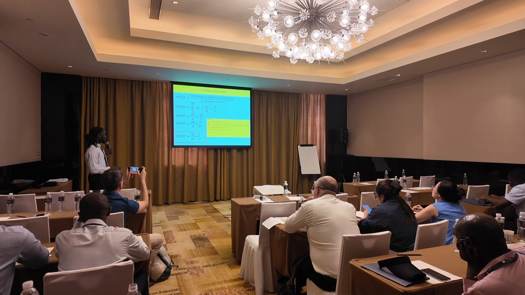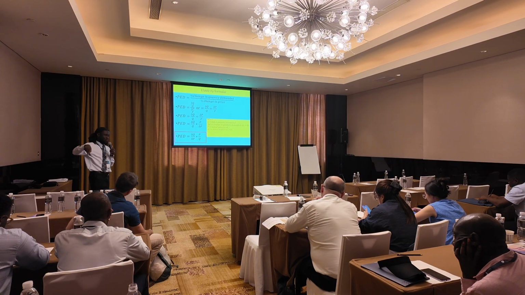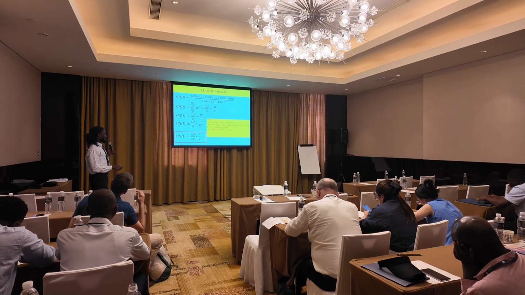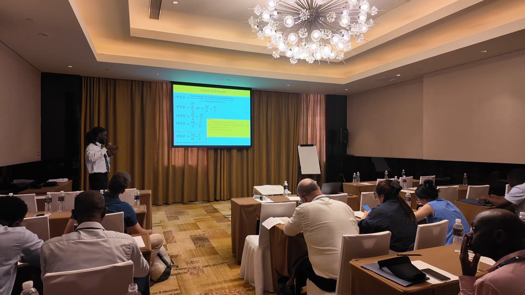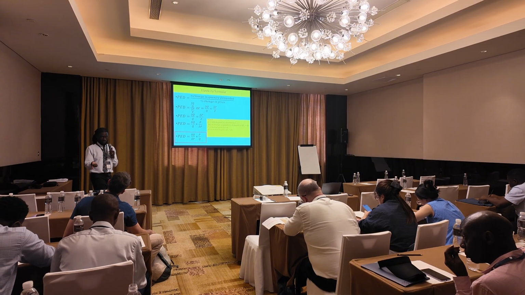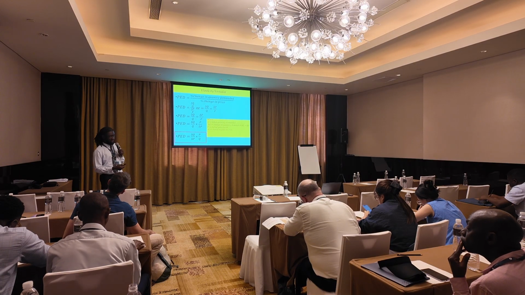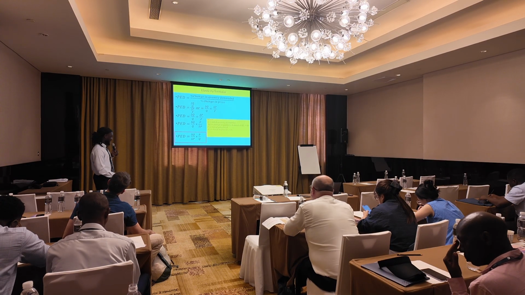The change in Q is Q1 minus Q0, the new quantity minus the old quantity, and the change in P is the new price minus the old price. This P and Q are the old price and the old quantity. Please take note, because if a student uses the new price and new quantity, they get it wrong.